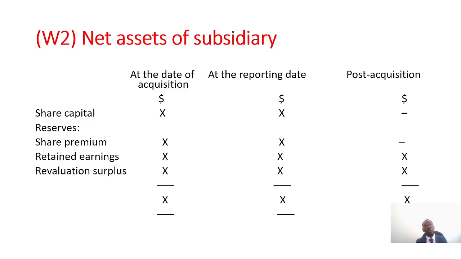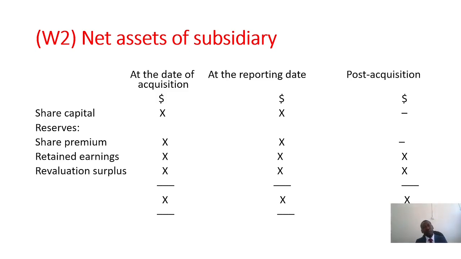You need to take note of what the retained earnings were at acquisition and at reporting. If there's an increase, you need to record an increase in the post-acquisition. So whether you go vertically or horizontally, at the end of the day, the post-acquisition figure should be the same.